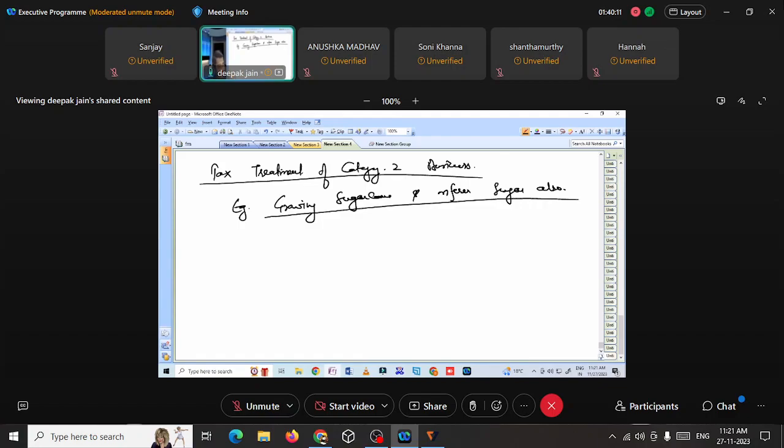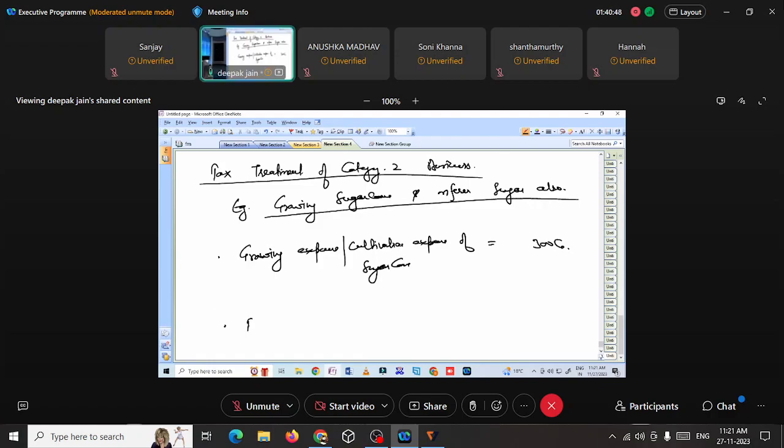So let us understand with the help of an example how this system operates. Let us say growing expense, also known as cultivation expense, of sugarcane is 300 crore.